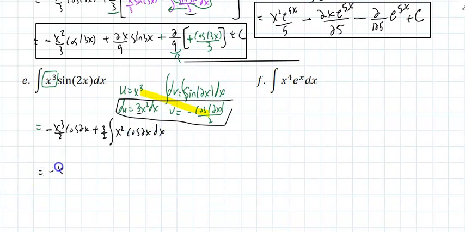So this piece right here is pretty much done. Not much to do. But this right here, if I let u equal x squared, du is 2x dx.